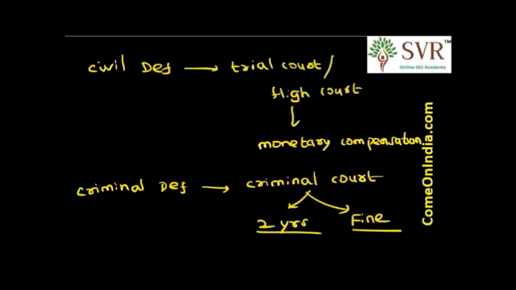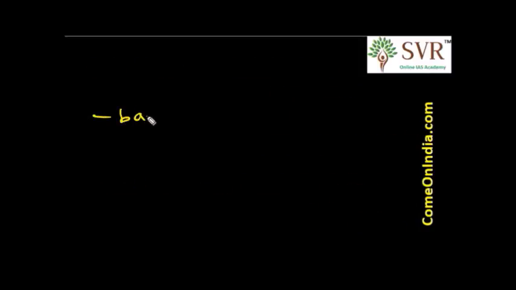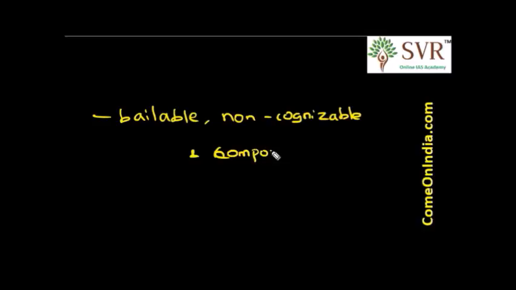In criminal defamation, the offences are bailable, non-cognizable, and compoundable. These three words are highly useful for the prelims examination. Now let's discuss the difference between compoundable and non-compoundable offences.